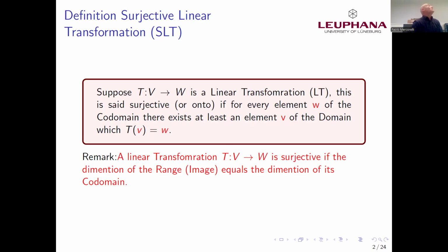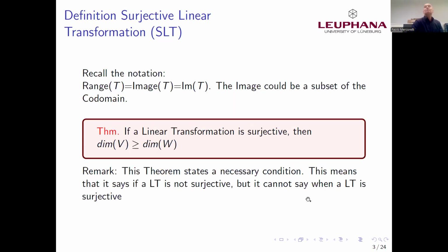It could also be considered a definition. This is just an annotation. Look at this theorem. If the linear transformation is surjective, then the dimension of V is larger than or equal to the dimension of W.